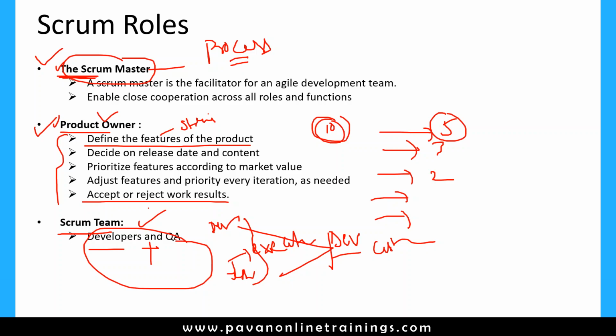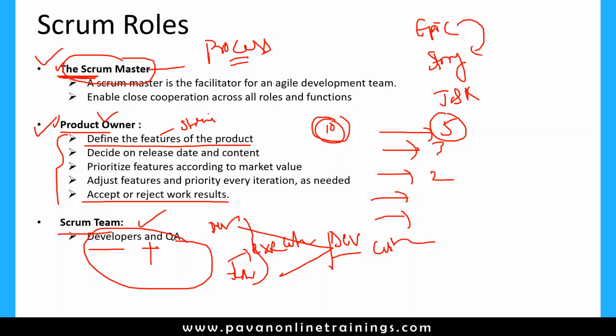Now, before going to the process of agile, we need to understand two things. Here we are talking about epics, and we talk about what a story is and what a task is.